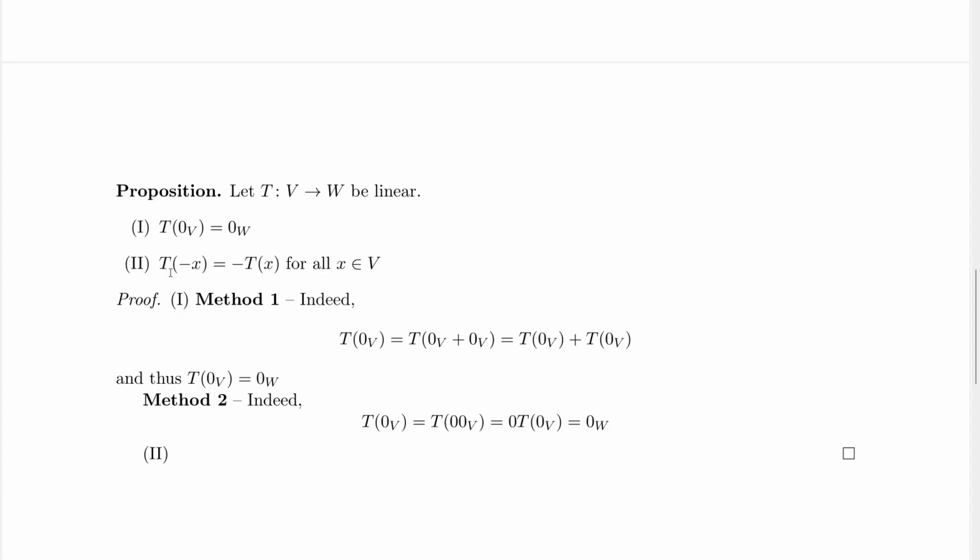Right, so note, method one is a bit more of the natural method of attack. But the scaling also works too, if you wanted to do it that way. And then similarly, for proving that inverses go to inverses, there's a similar sort of setup, where we can get it with just the addition, but we can also get it with just the scaling.